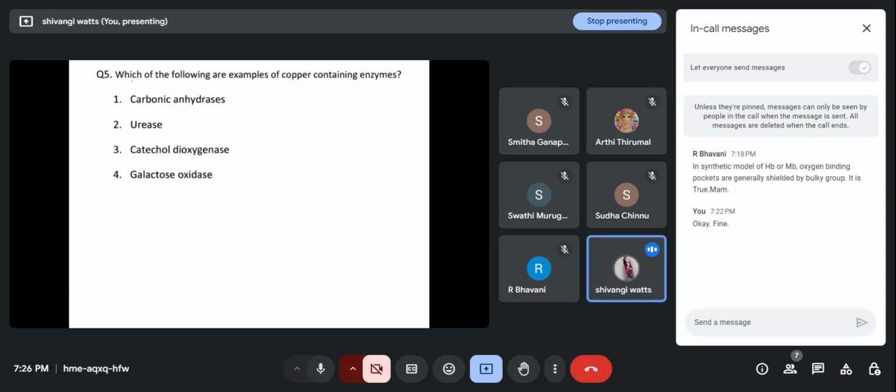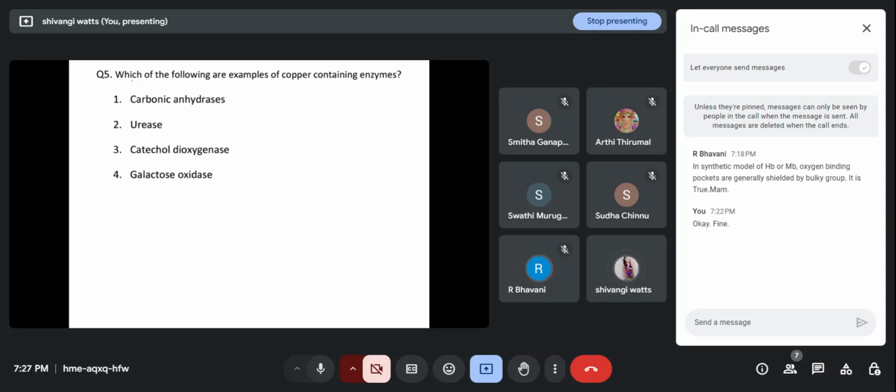Okay. So, which of the following are examples of copper containing enzymes? Carbonic anhydrase, ma'am.